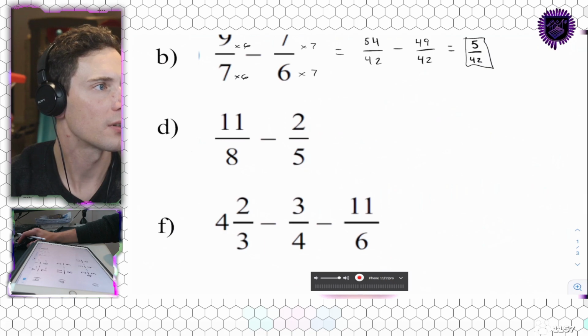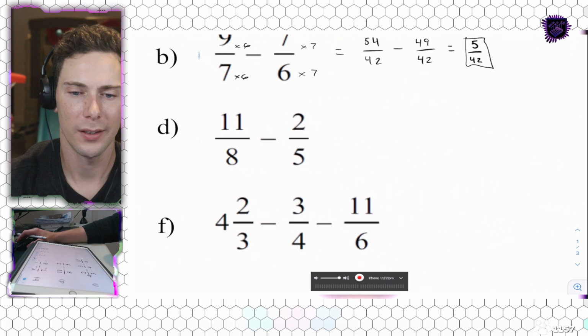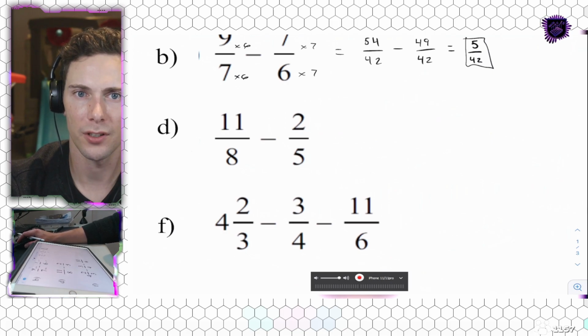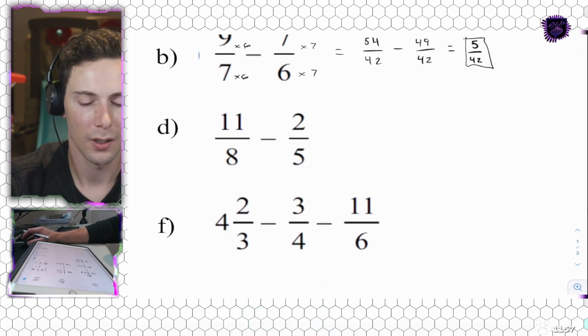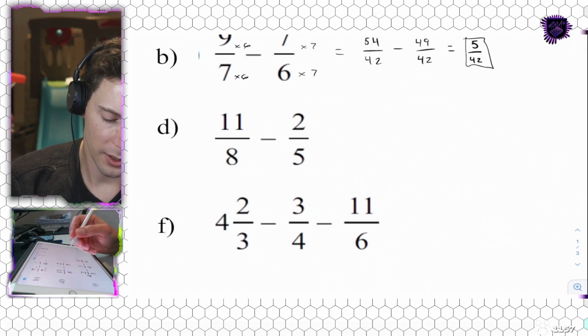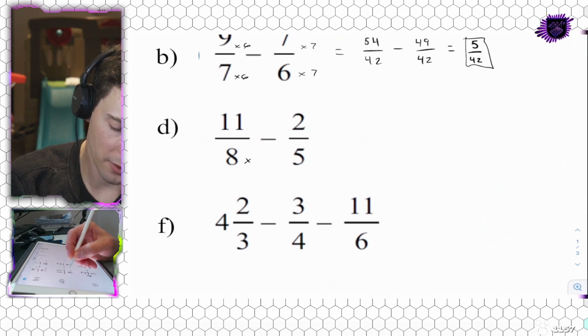Let's try this one. Wasn't into that one. Change up the music here. All right. 40 will be the lowest common denominator, and we're going to have to get there by cross multiplying.